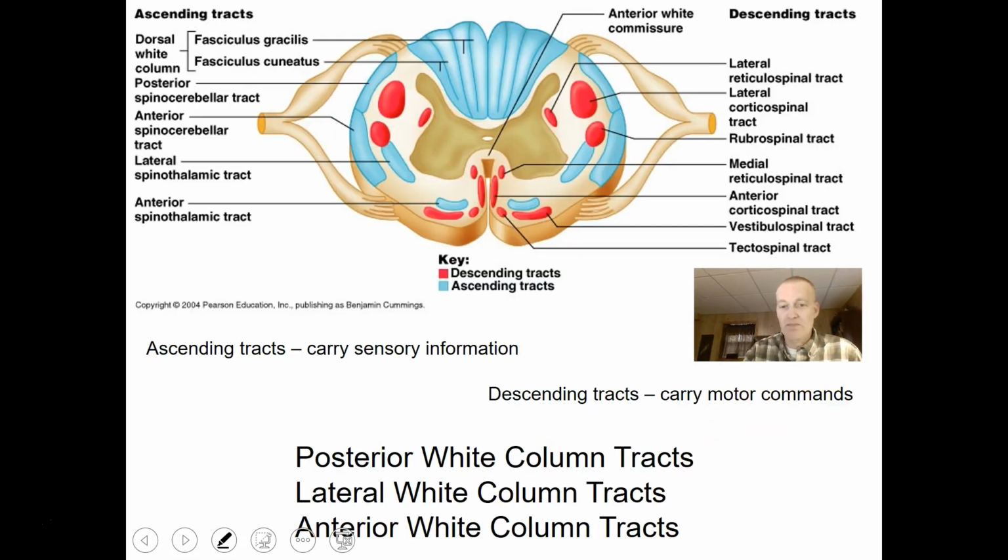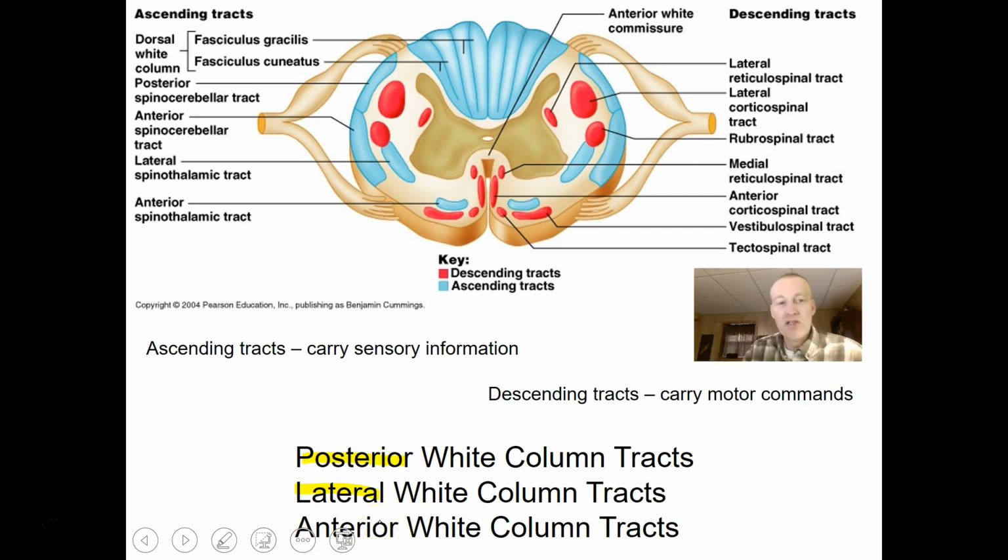Alright, so I told you that I'd tell you about those posterior, lateral, and anterior white columns, and here we'll talk about it just for a second. I want you to think of these columns as connecting cords, essentially. And there are tracts of nerve cords that go through the posterior, the lateral, and the anterior white column.